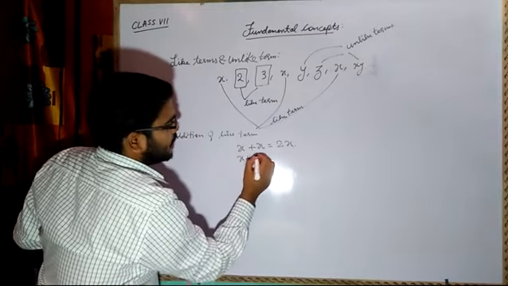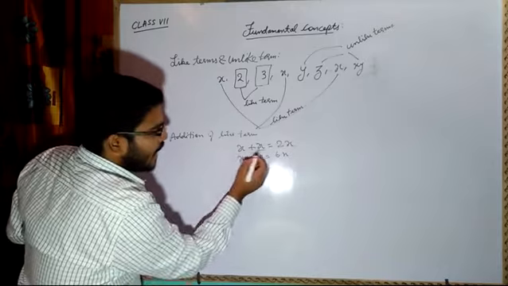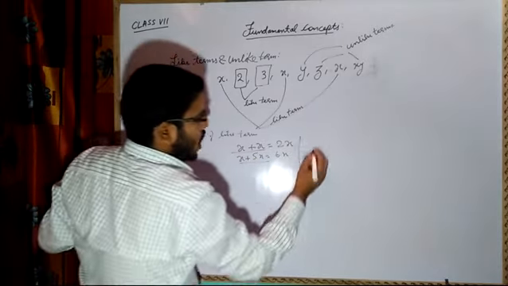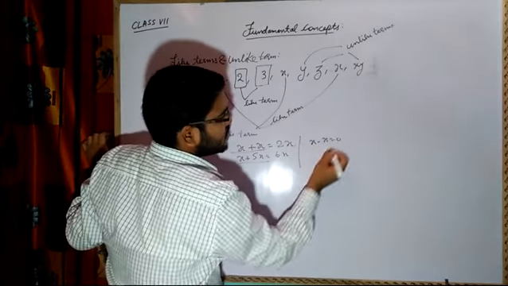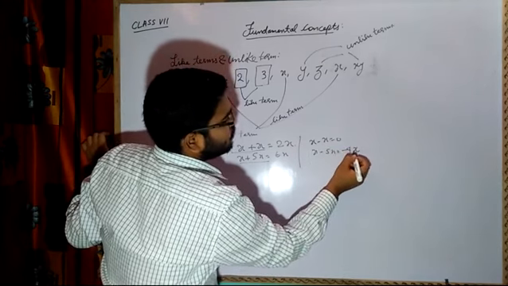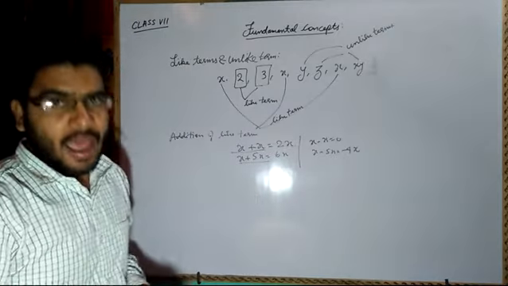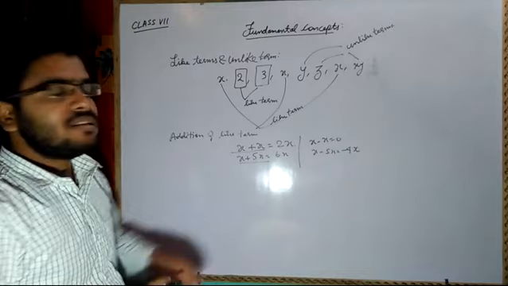If I have x plus 5x, then I can write 6x. Understood? We can add these two like terms. Or if I have x minus x, 0. x minus 5x will be equal to minus 4x. Understood? Like terms we can add and subtract.